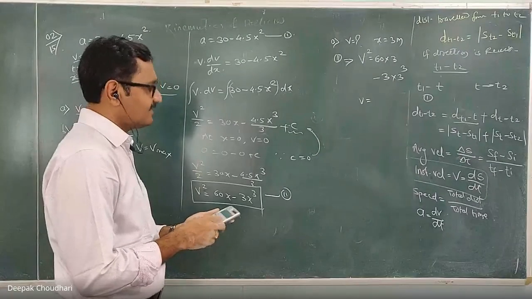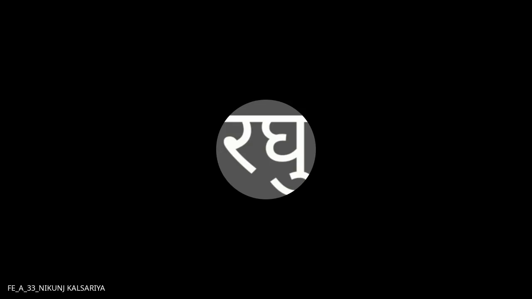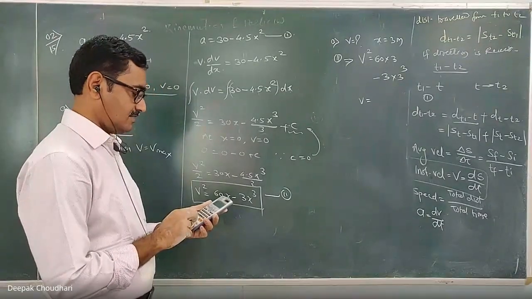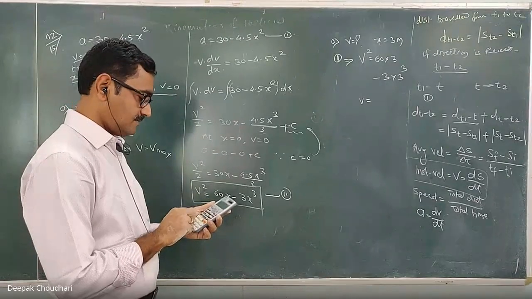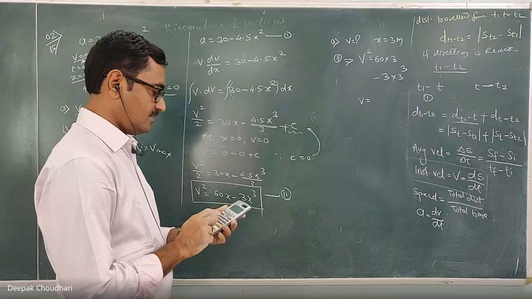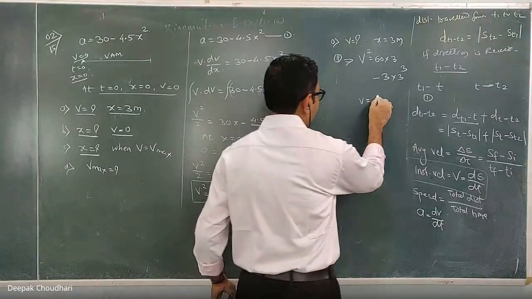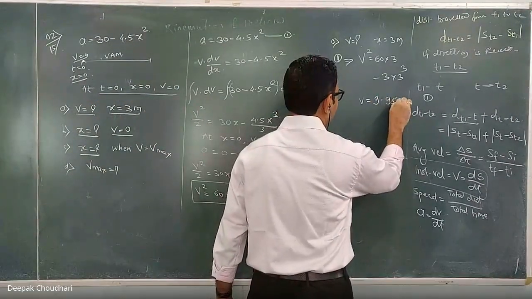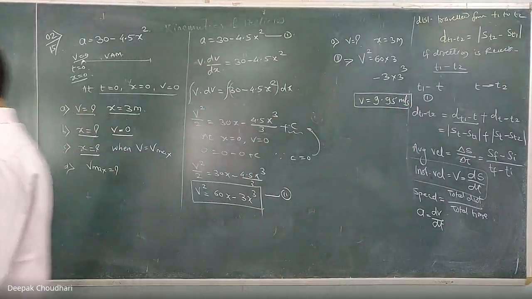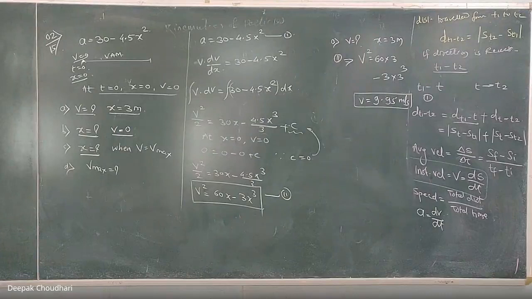How much do you get? 9.95. Yes, 9.95. 9.95 meter per second is the velocity of the particle when displacement equal to 3 meter. Any doubt? Have you understood this first part?